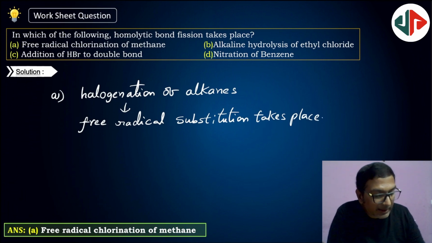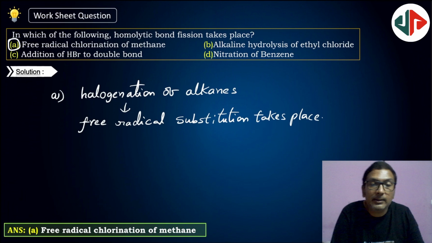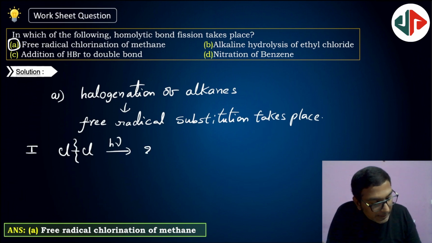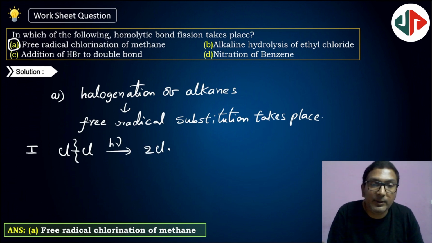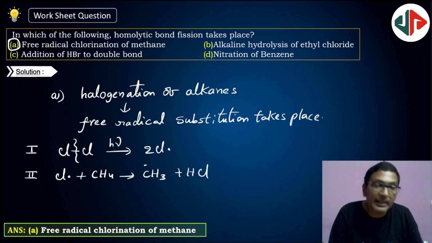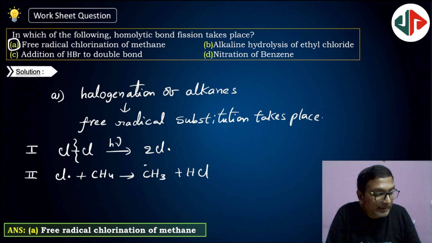That means free radical chlorination of methane. So option A. I will write one example. First, chlorination of methane, step 1: Cl-Cl in the presence of sunlight dissociates like this, and 2 moles of Cl radicals are formed. Homolytic fission. Step 2: this Cl radical attacks CH4 to form CH3 radical plus HCl. This is the chain propagation step. Radicals are formed.